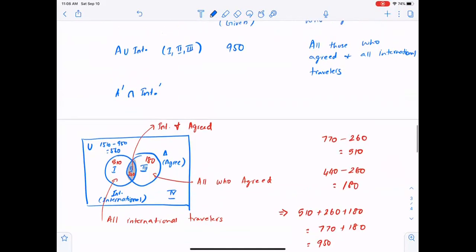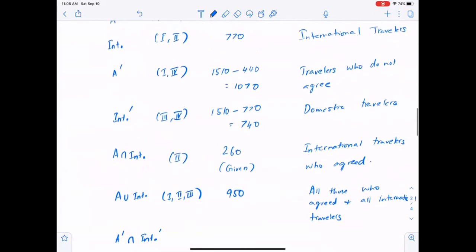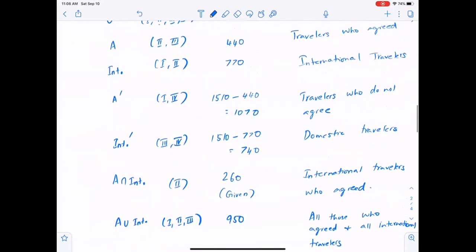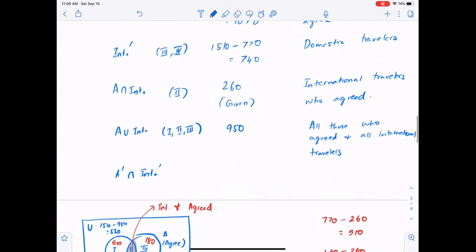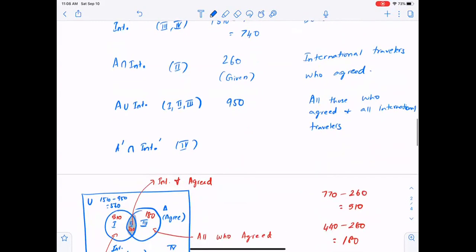We want to find A complement intersect the international set complement. We already know the regions in A complement are 1 and 4. The regions in international complement are 3 and 4. So what's common is region 4. Region 4 has a count of 560. We just found that, so I'm going to go ahead and put 560.